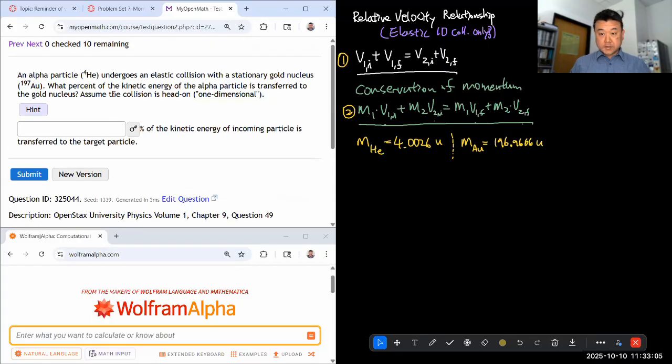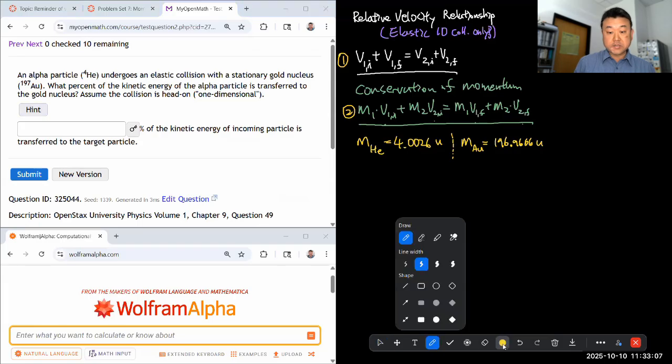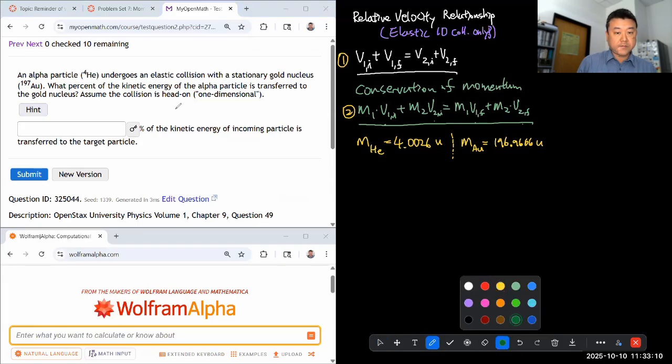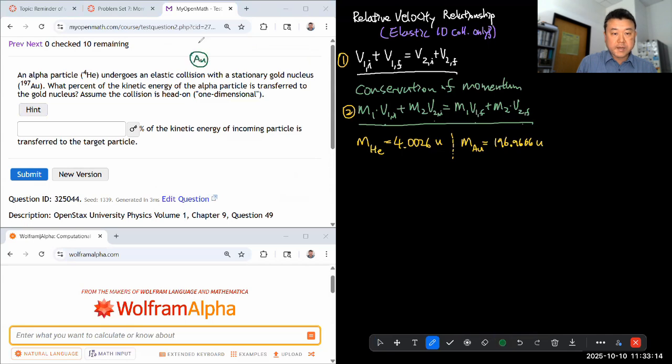So the very first thing to do is for this picture where I have a gold nucleus initially at rest. So let me say this is V2 initial, that's 0.